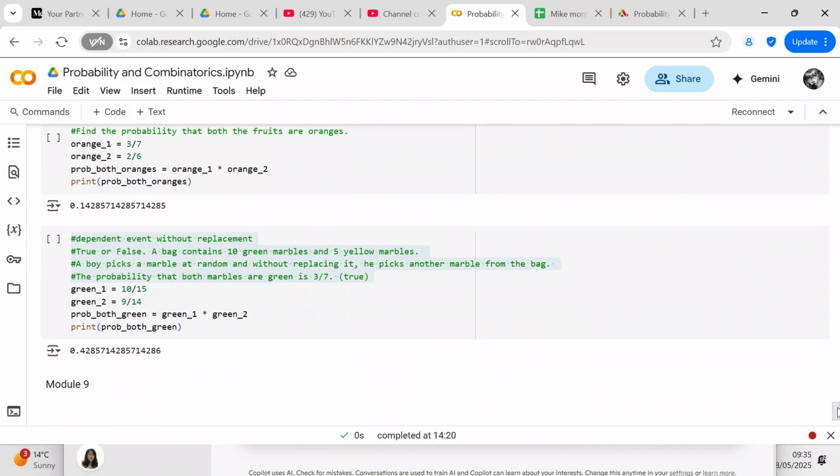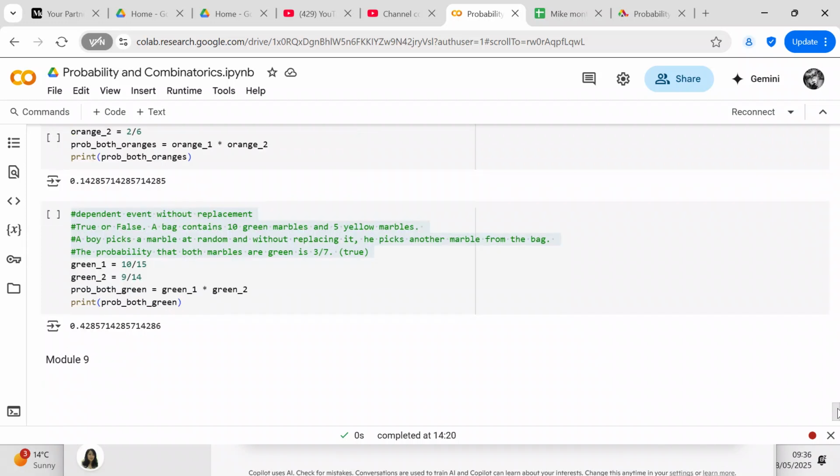We're going to go ahead and work it out. So green 1 is 10 divided by 15, and it hasn't been replaced. So green 2 is 9 divided by 14. Probability of both greens equals green 1 times green 2 equals 0.428, and that turns out to be 3 divided by 7, so it's true.